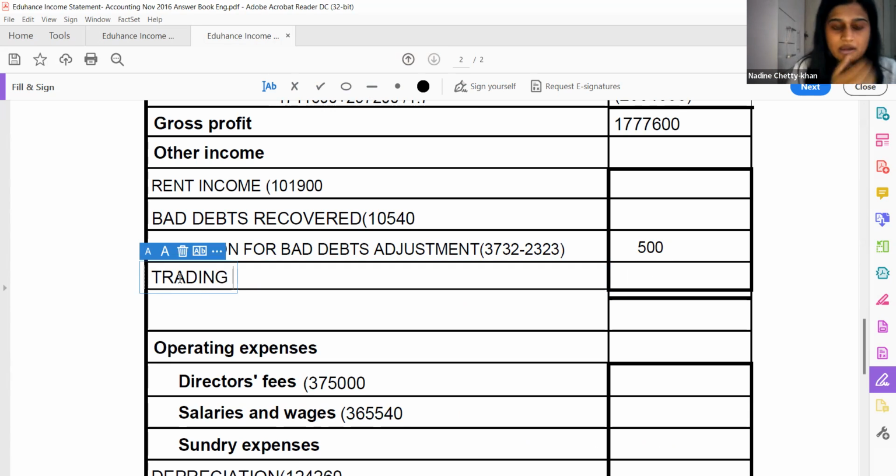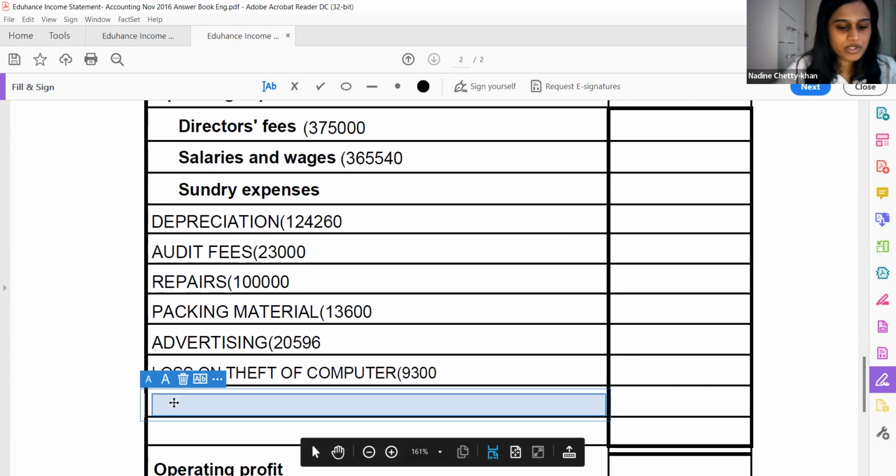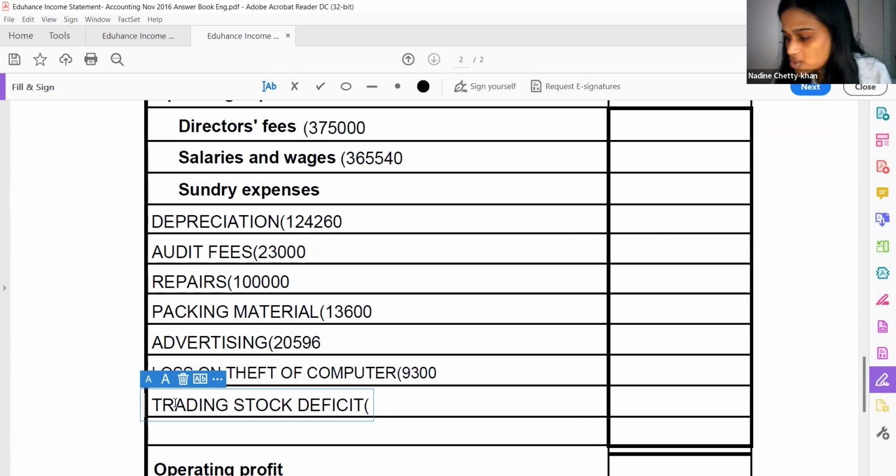So under operating expenses, we are going to put trading stock deficit. And the amount is going to be the 209,500, which is the original pre-adjusted inventory balance, plus the 21,000 stock that was returned, minus this physical amount in our store.